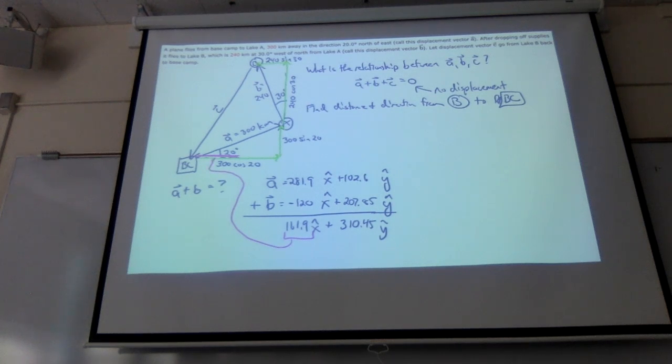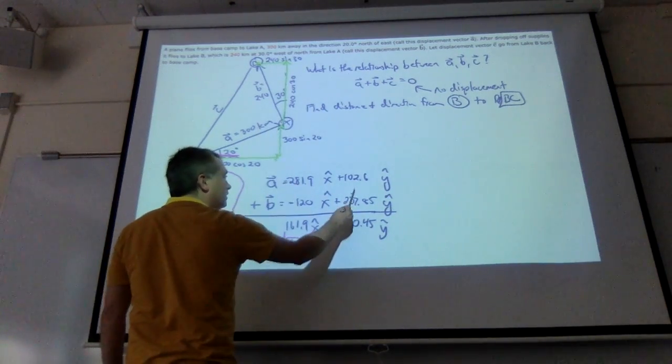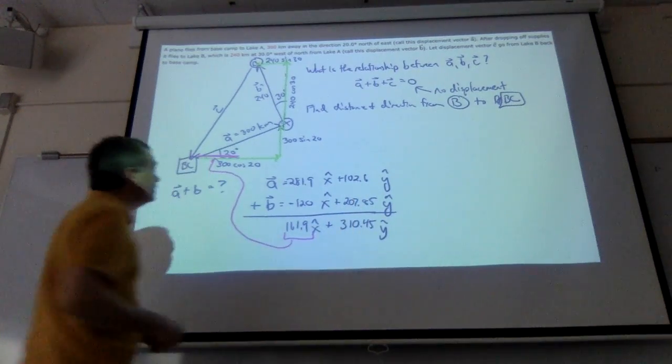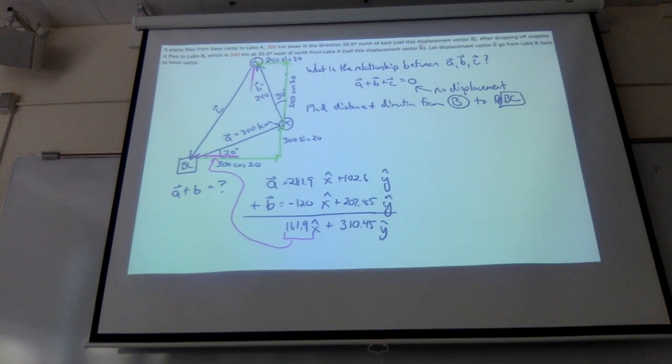And then taking these vertical things, like this much up and then that other thing up, that is this plus this. In other words, that is this line. So this 310.45 is that.